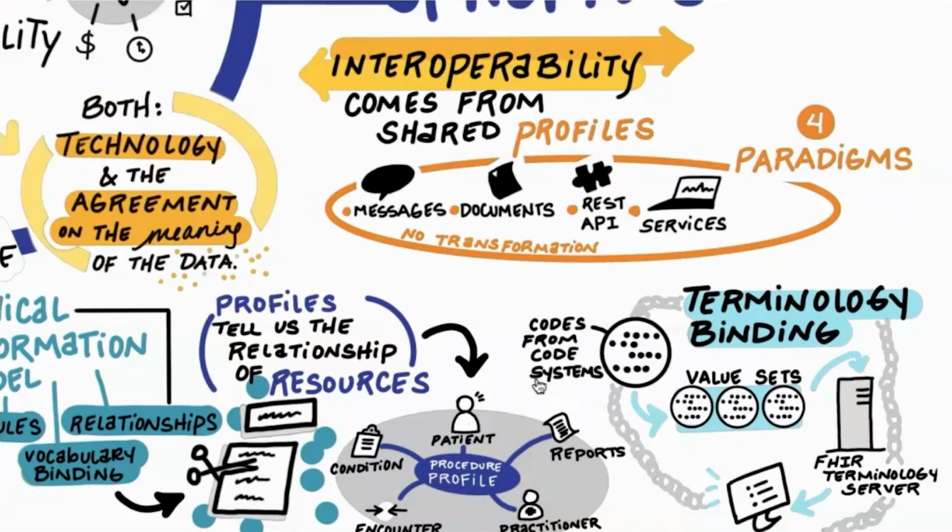They're all accessible in one place, which might or might not be public, but there are public terminology servers out there now that are used for testing and development of FHIR profiles and applications. So that's a very important way that FHIR enables interoperability of the type we need for the future.